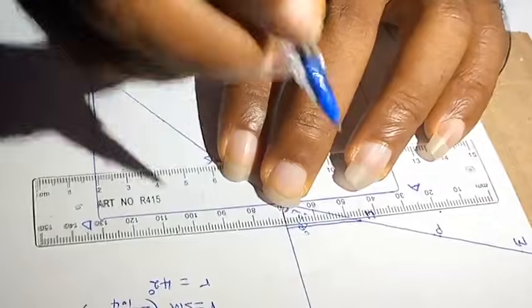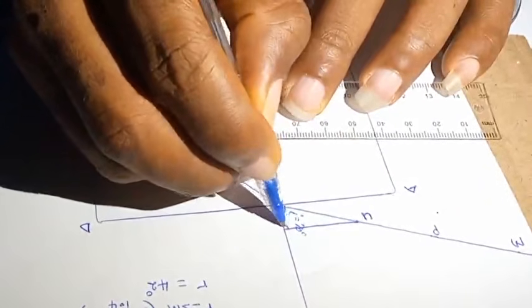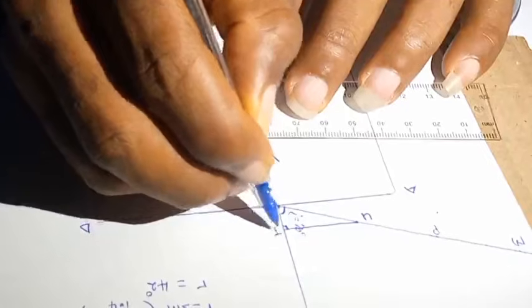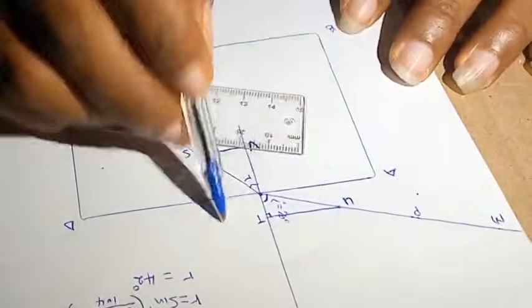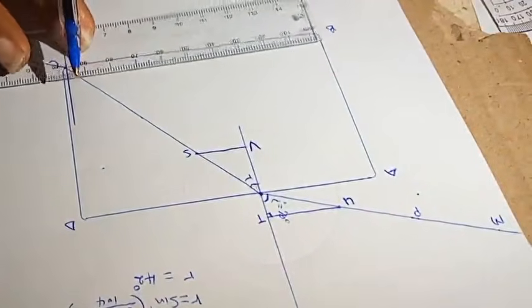Good. This shows clearly that this line met the normal at 90 degrees. This point is labeled as T, giving us our UT and VS that the instructions said we should measure.